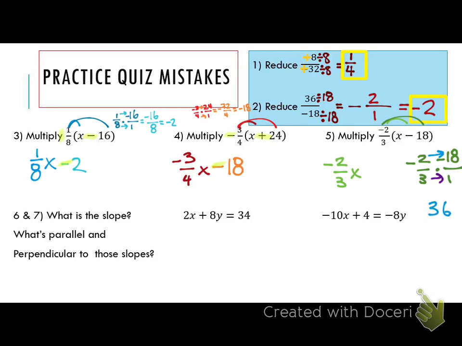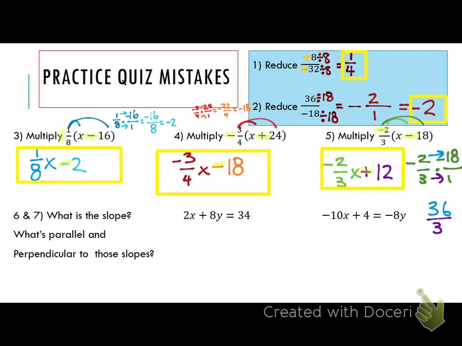And then 3 times 1? 3. And this reduces to 12. And will it be positive or negative? Positive. We multiplied a negative times a negative, which makes a positive. So you really want to make sure you watch your signs. This is what we would have distributed. Questions on this section?